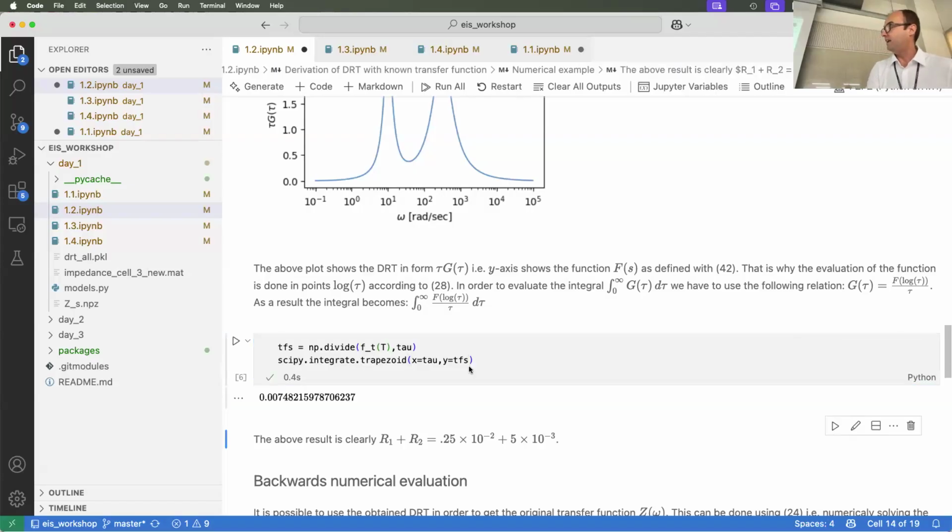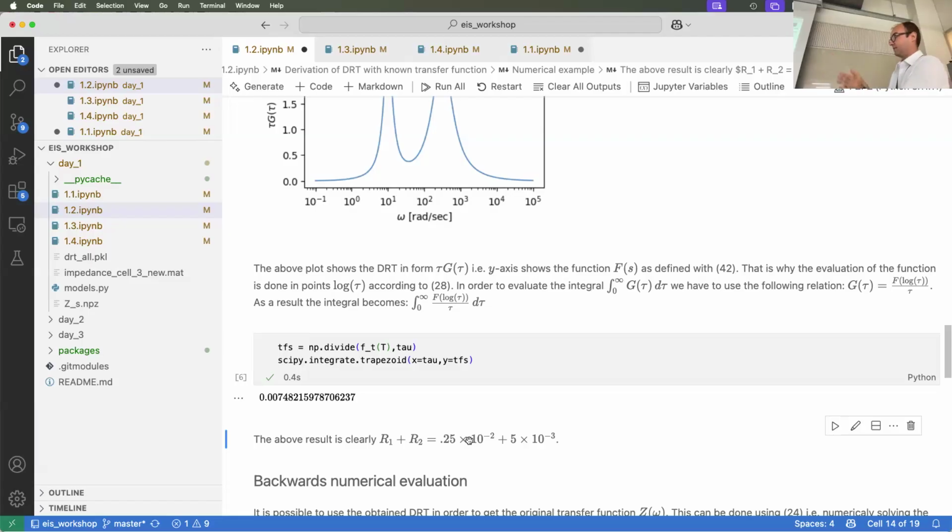I integrate it, and I get that the polarization resistance is 0.0748, and the actual is 0.75. So I made, I don't know, 0.1% mistake just by choosing the most basic integration stuff.